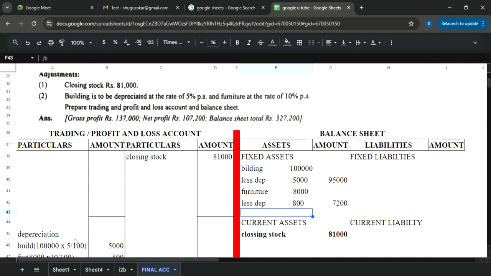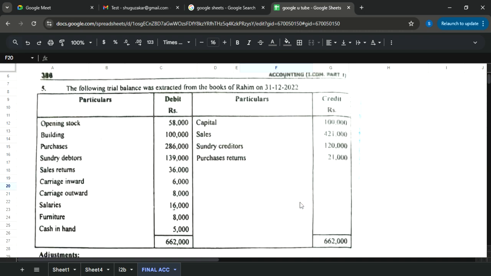So guys, in this way, both adjustments has been completed and double effect is also completed. 81,000 first effect, 81,000 second effect, 5,000 first effect, 5,000 second, 800 first effect, 800 second effect. Both dual effects has been completed. We are now open to enter our elements in relevant space.